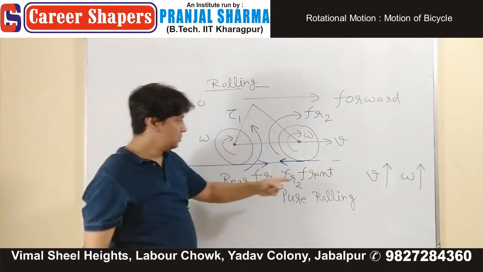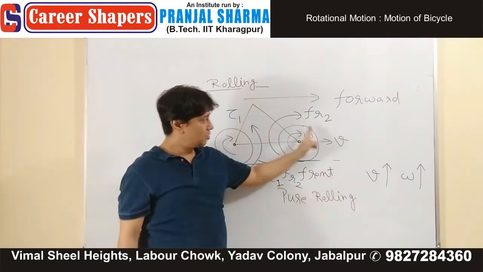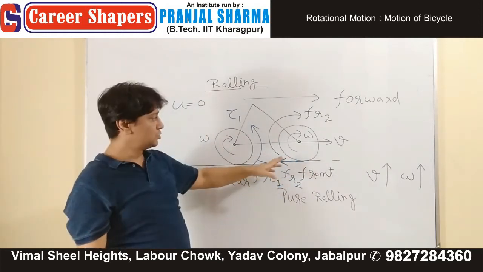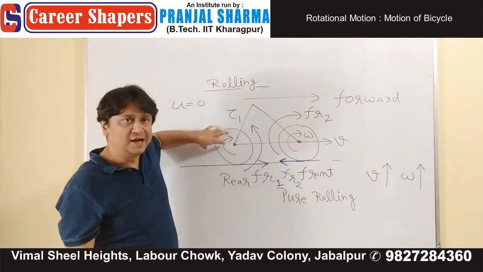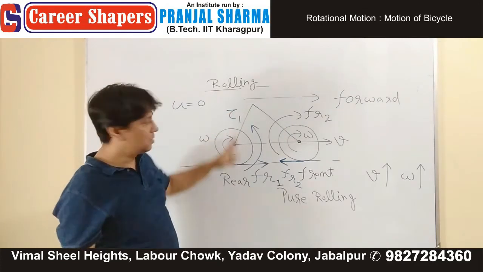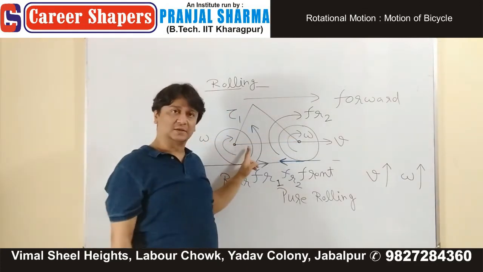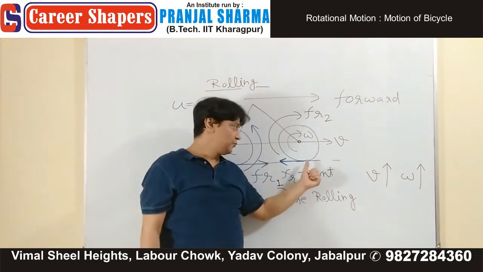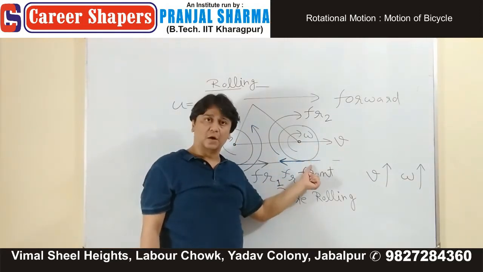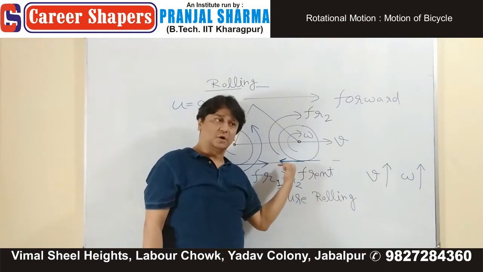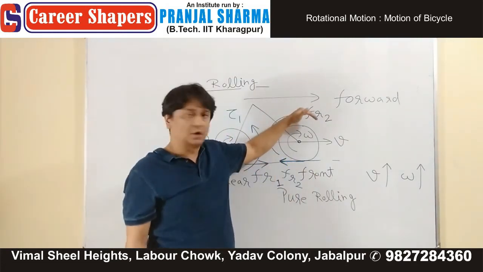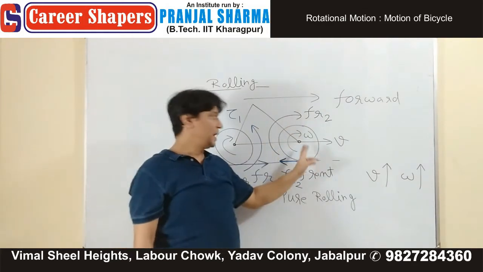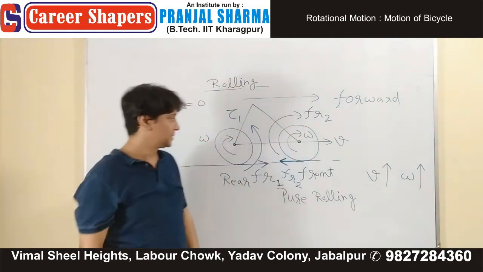What I was telling you is that the rotational motion in the front wheel cannot be produced by the pedaling efforts or by the structure of the bicycle. It is being produced by the friction between the wheel and the ground, which is acting in the backward direction, producing a clockwise torque, thereby producing clockwise angular velocity.